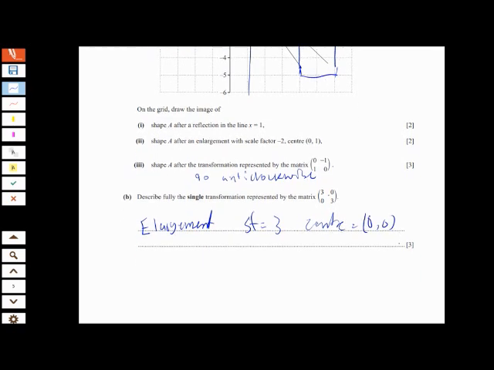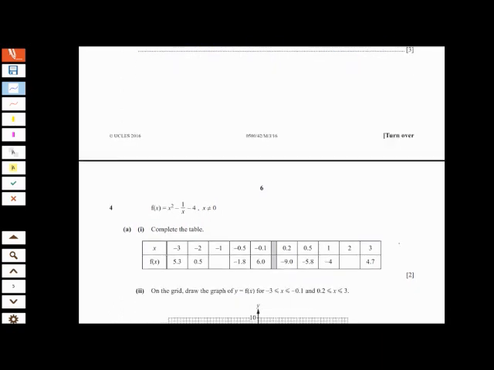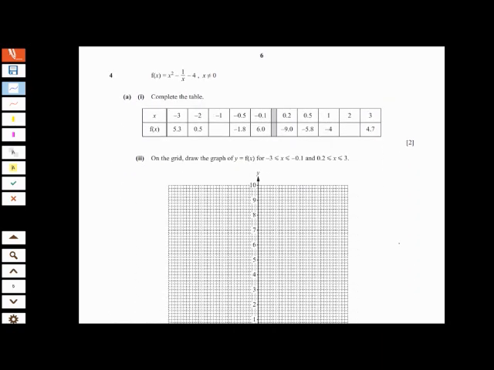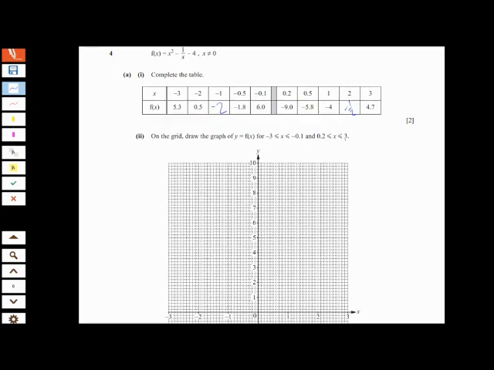Moving on. Question 4. You fill in the table by substituting the x values in the equation. You'll get here -1 and -2 and 2, -½. Go down.